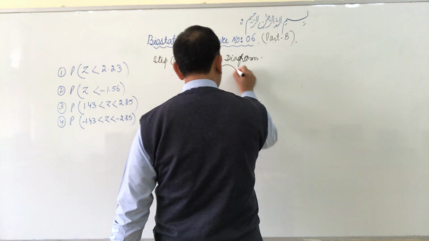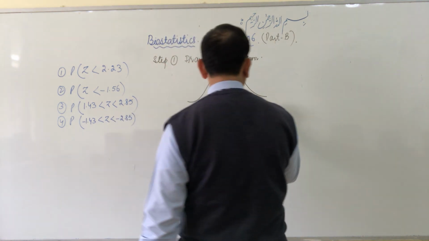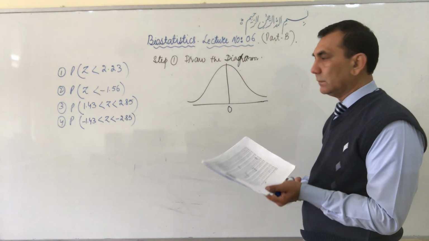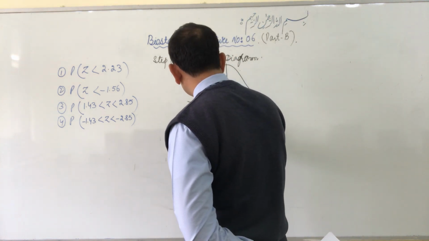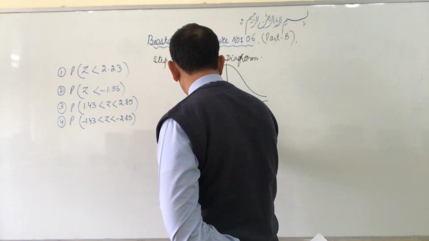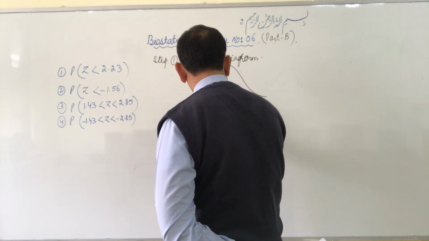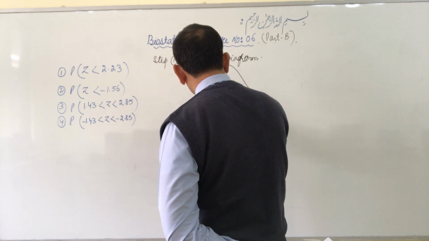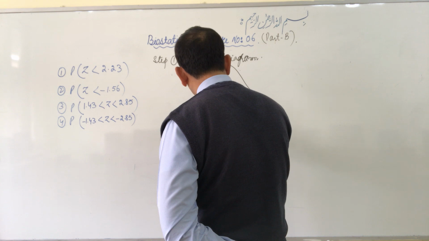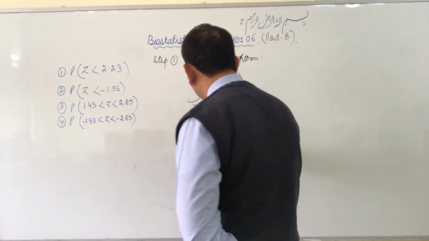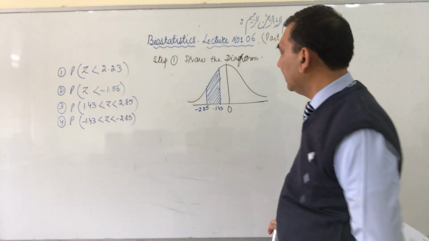Draw the diagram; once again, this is the central part, which is 0. Now it is asking again about minus 2.85 and minus 1.43, the area present between minus 2.85 and minus 1.43.